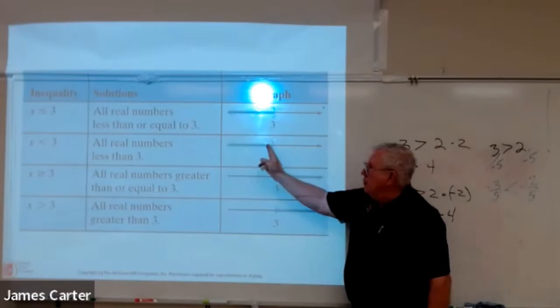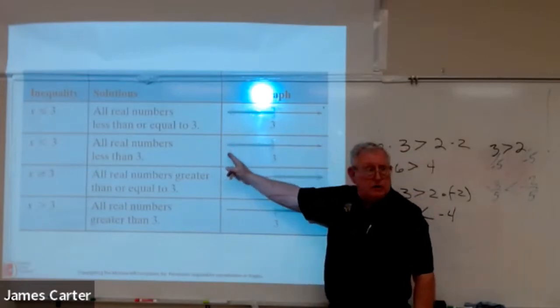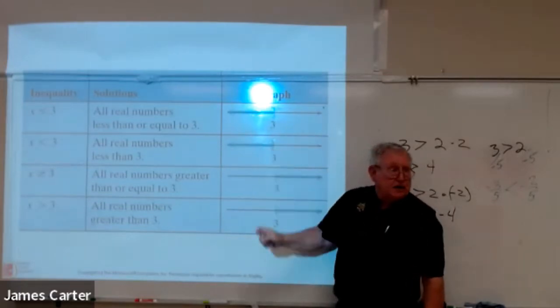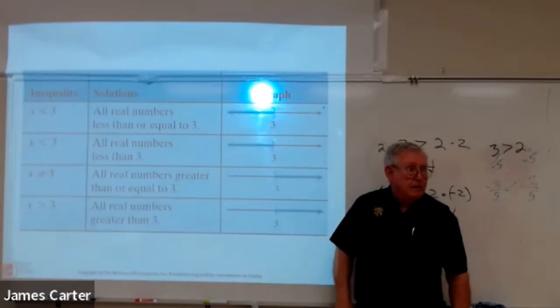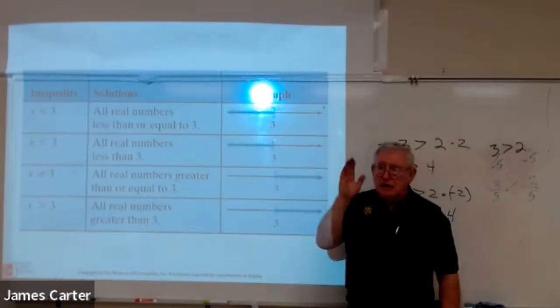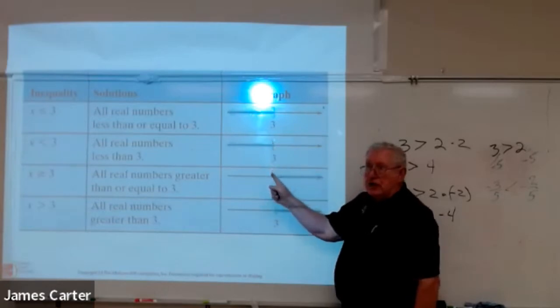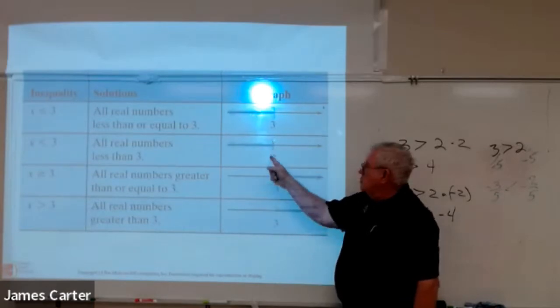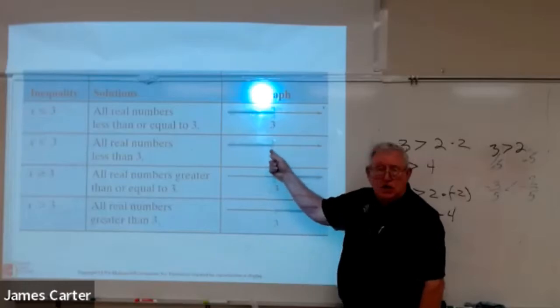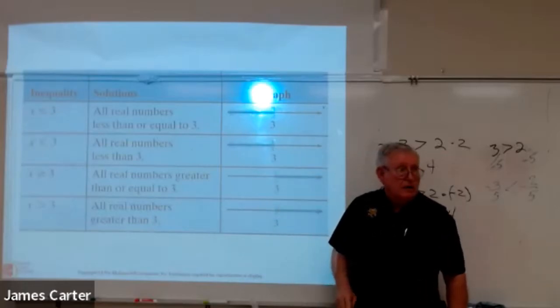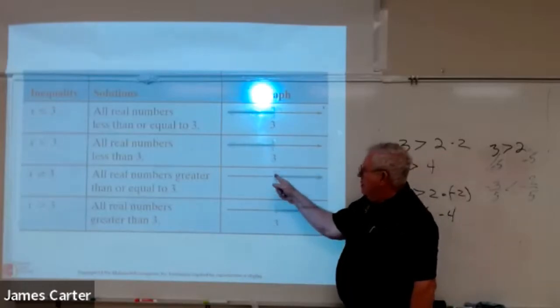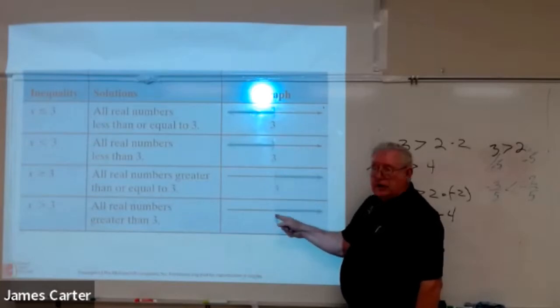All of these are real points that could be part of the answer, but not 3 itself. Because you can't actually touch 3. That's what this symbol represents, same as an open dot. Again, inclusive, exclusive.